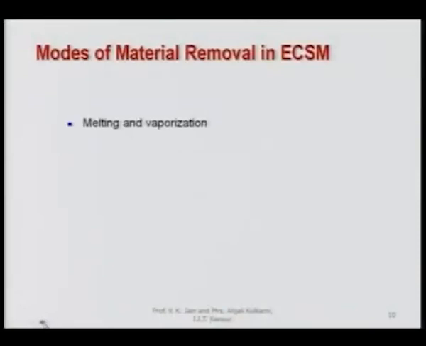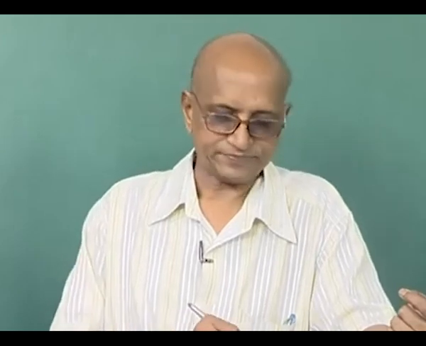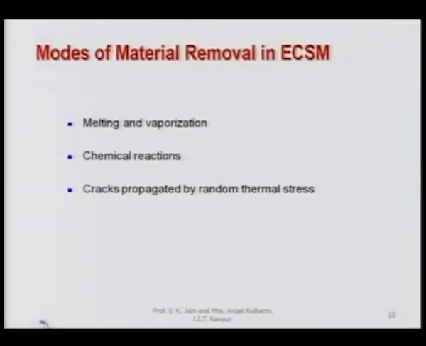Now, in electrochemical spark machining, there are various modes of material removal. One is melting and vaporization, which I have just explained with the help of a couple of figures, because of the spark heat. Chemical reaction is also taking place, which is also responsible to some extent for removing the material if a proper electrolyte is not selected. Cracks are propagated by random thermal stresses, because temperature is very high in a very localized area.